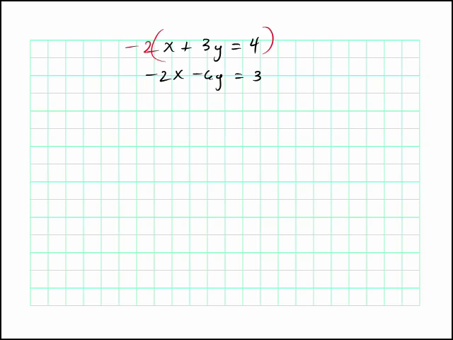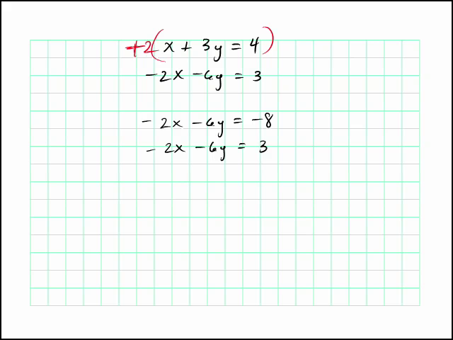Rewrite each one. Oh, I goofed up. I am not supposed to multiply through by negative 2. I need a positive 2, don't I? My mistake. Let's fix this then.